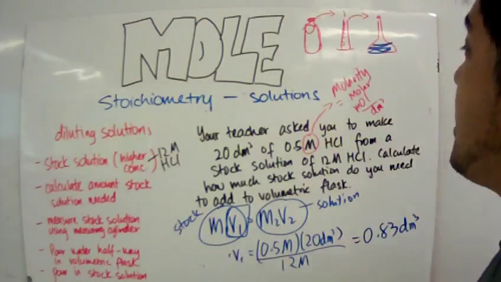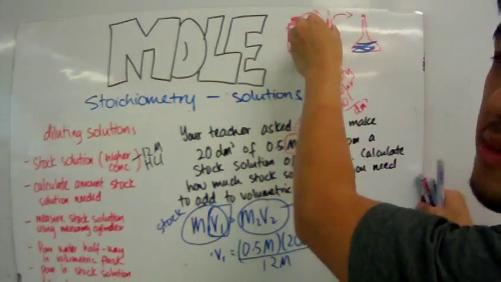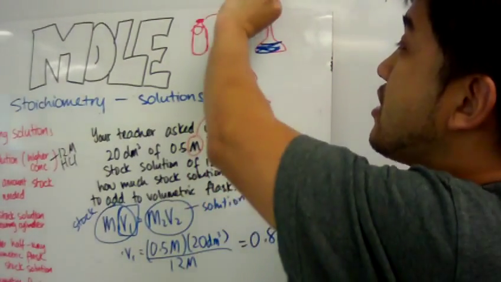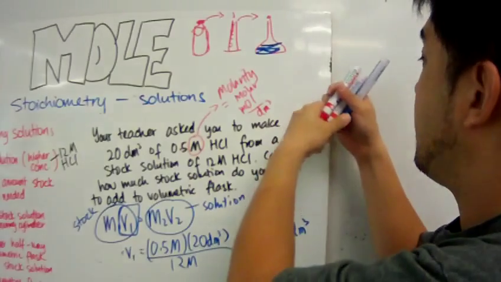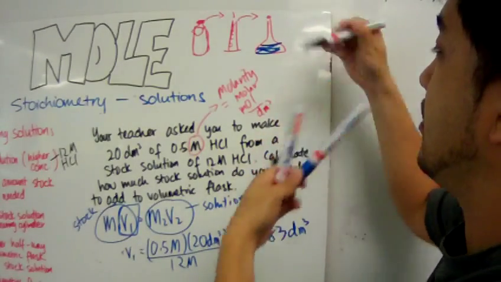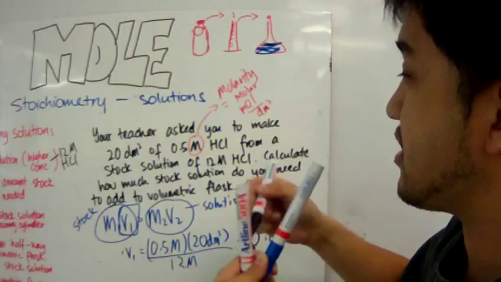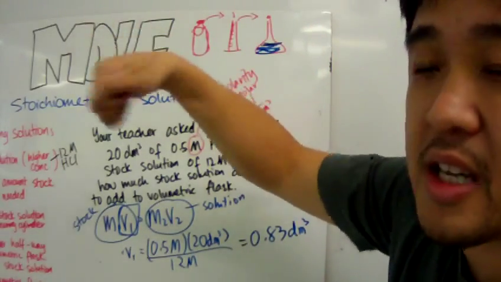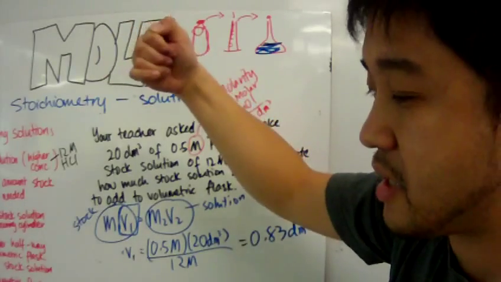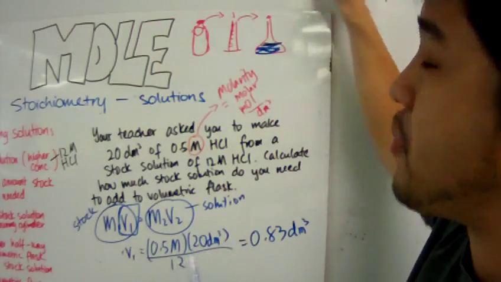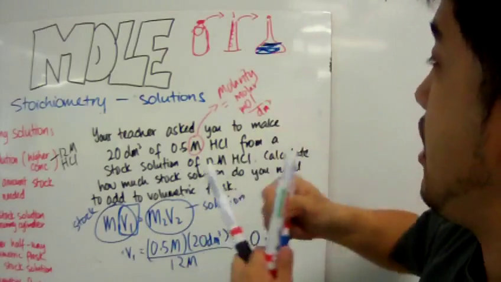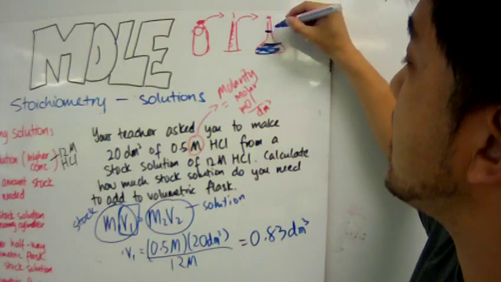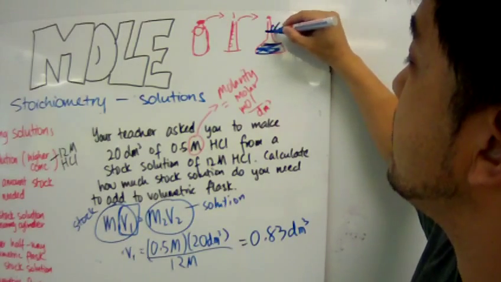Then I pour in the 0.83 of stock solution into the volumetric flask and cap it. I swirl it so that everything mixes nicely. Then I open the lid, pour in the rest of the water until I reach the mark.